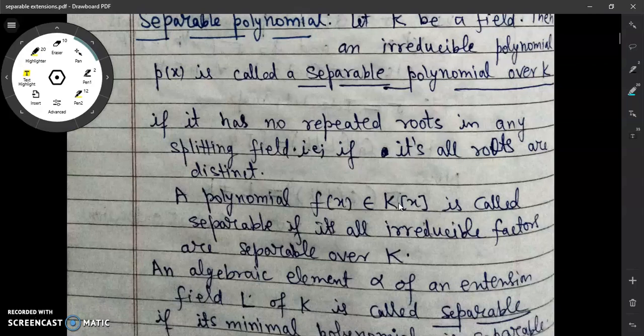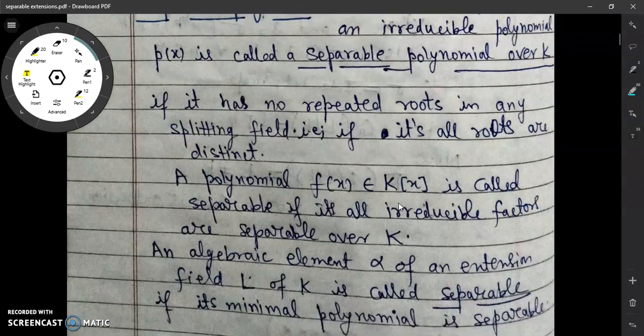Okay. So after defining a separable polynomial for an irreducible polynomial, we now give the general definition. We now give the definition of a separable polynomial.